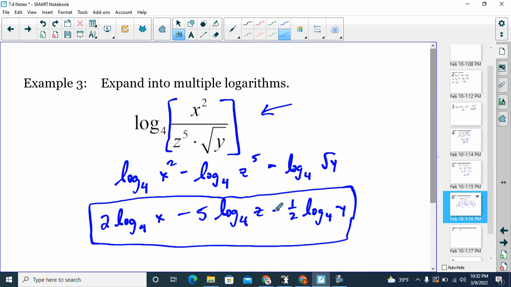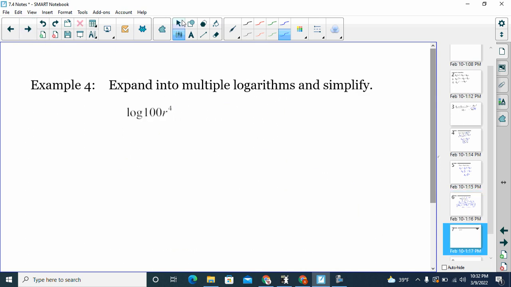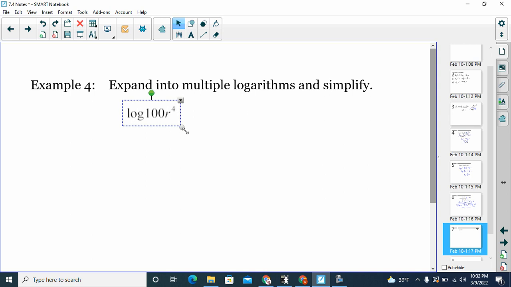But if we split it into 3 separate ones where each individual one is more simple than this guy here, so log base 4 of x, that's easier to work with than log base 4 of x squared over z to the 5th root y. Log base 4 of z, again, not too bad to work with, and so on.